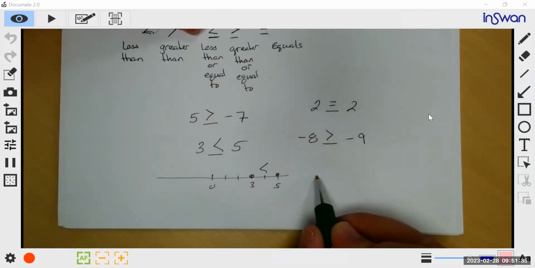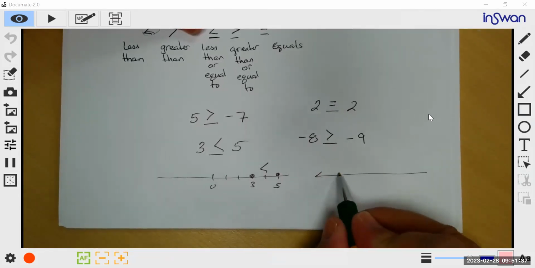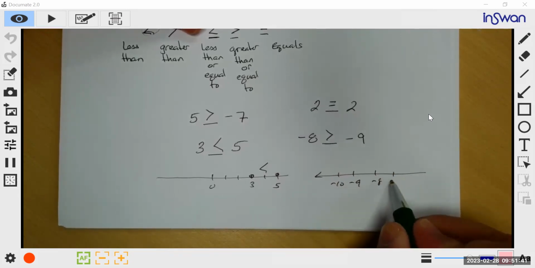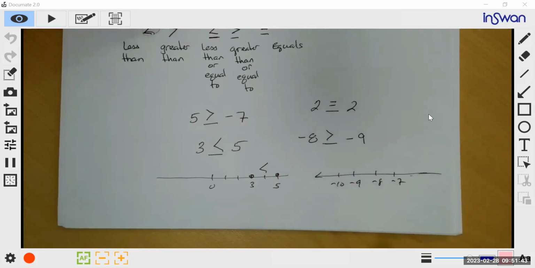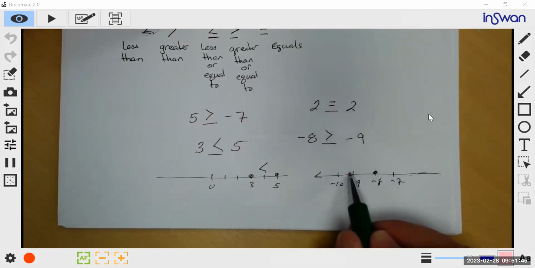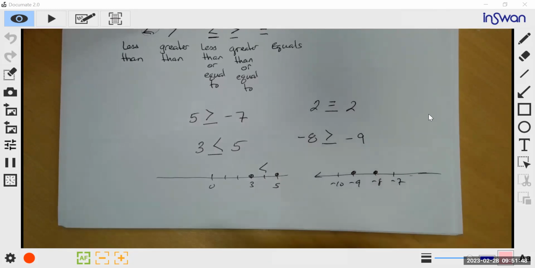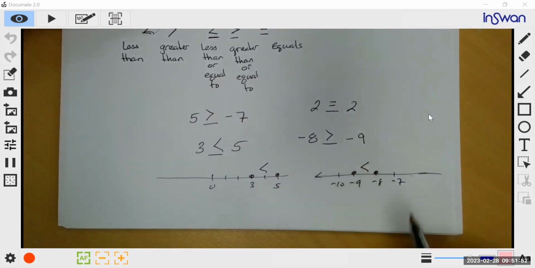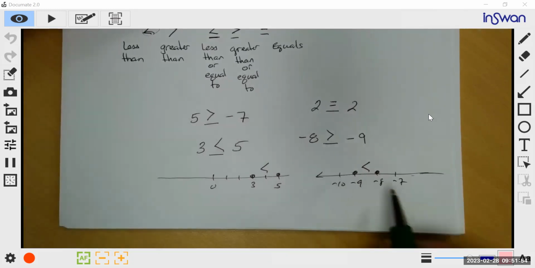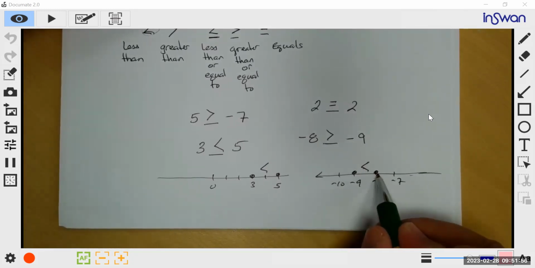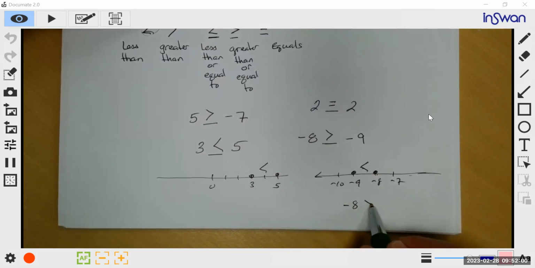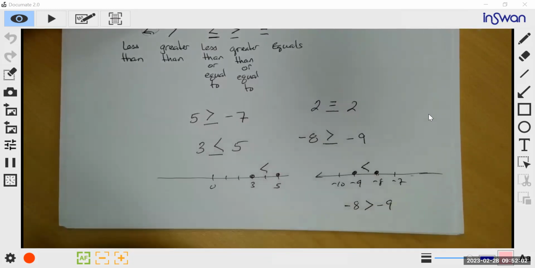Same way with this one. We have -10, -9, -8, -7, and so on and so forth. -8 is here, -9 is here. Remember, anything to the left is smaller than anything to the right. So -9 is less than -8. Read backwards, it's -8 is greater than -9.